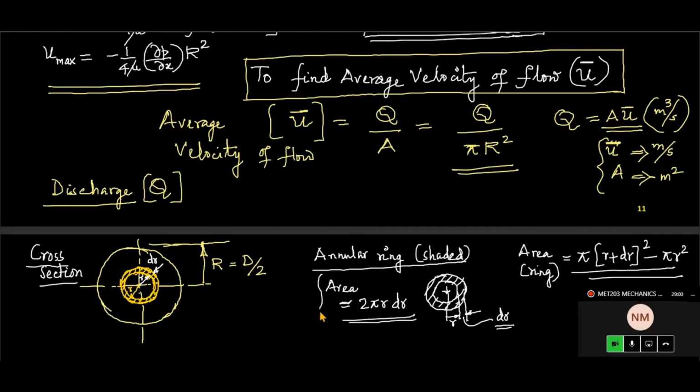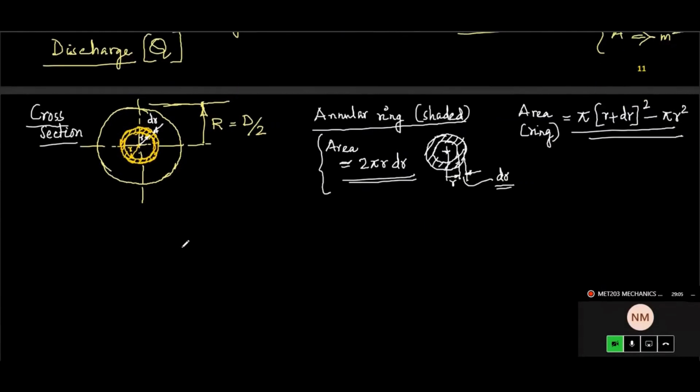And the velocity at radius r we know. Please try to understand this carefully. We are talking about the area of the annular ring, and the velocity at small r, at radius r.